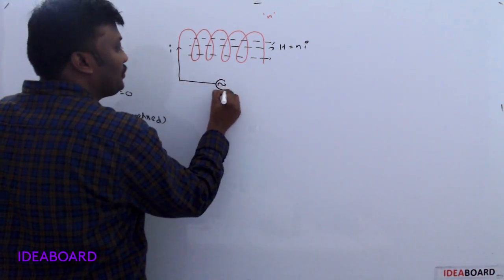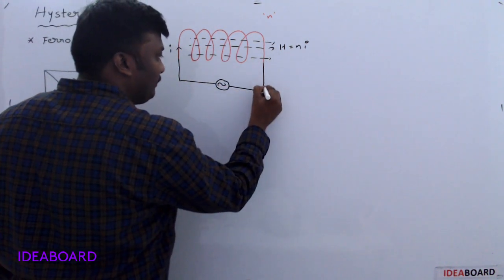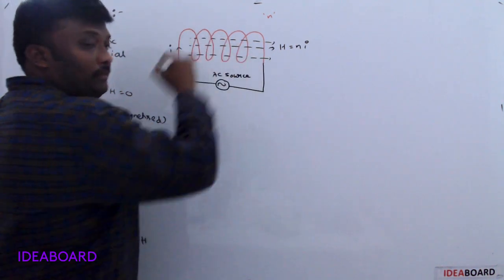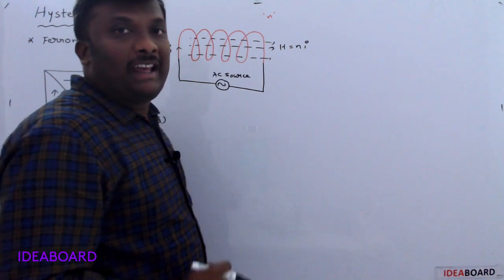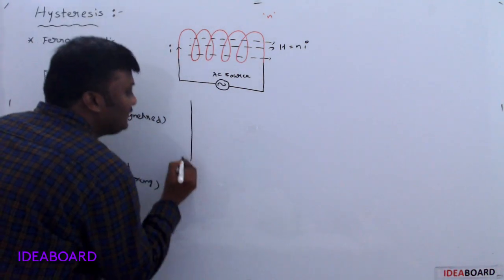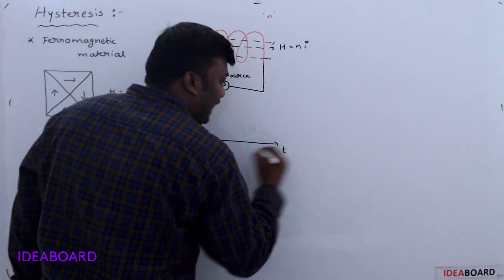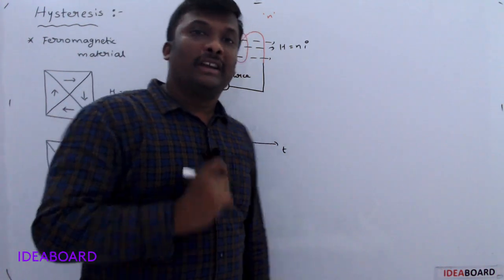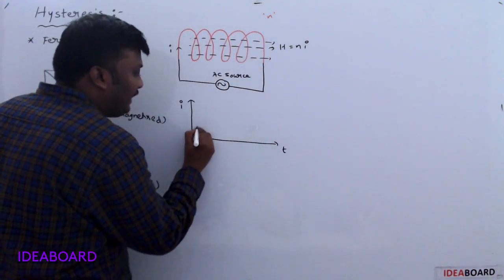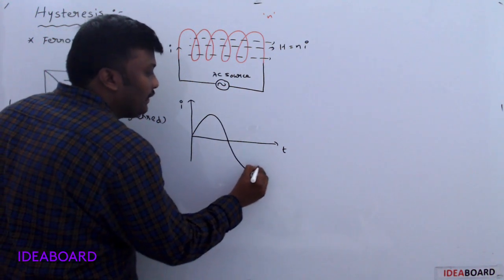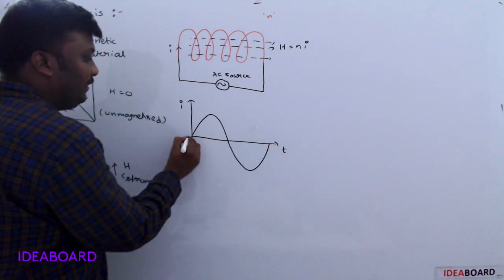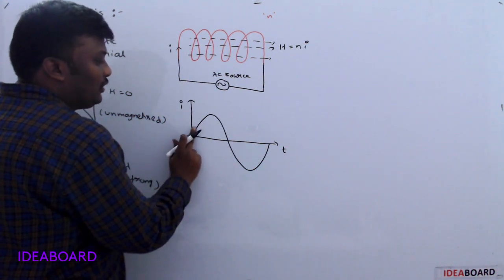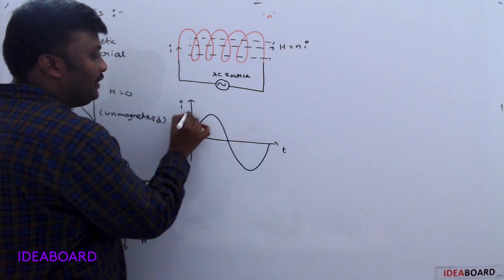Now let us try to apply an alternating source to this solenoid. This is the AC source. If you apply an AC source, what happens? Alternating source indicates that with time the current varies sinusoidally. See here, current is 0 and with time it increases, reaching a maximum value here.